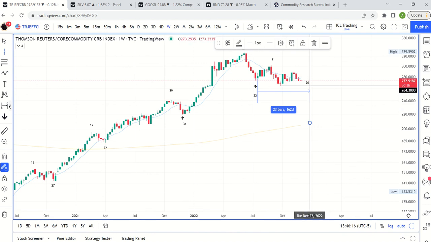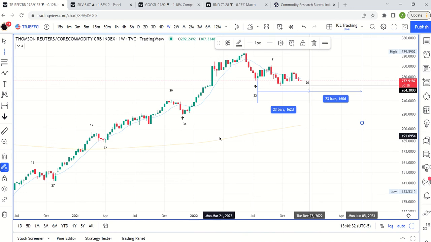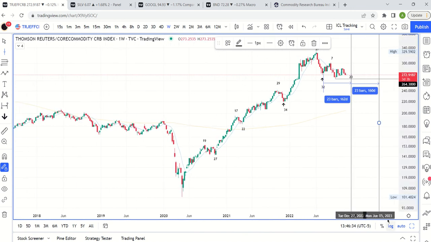And then we start our next weekly cycle, and let's say that goes for like 24 weeks. These are just scenarios. Let's just pretend, because this is a plausible scenario, right? Based on what we've seen from these past cycles. So that could give you a major low in like June of 2023, right?